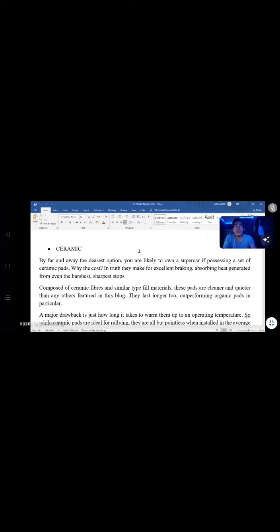Whether you have a car with 800 horsepower or 300 horsepower, the more power, the more your car needs a ceramic brake pad that will give you sharper torque.